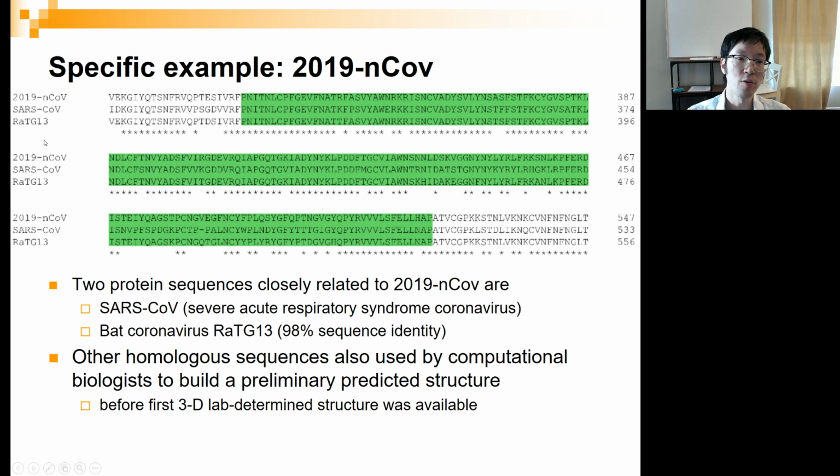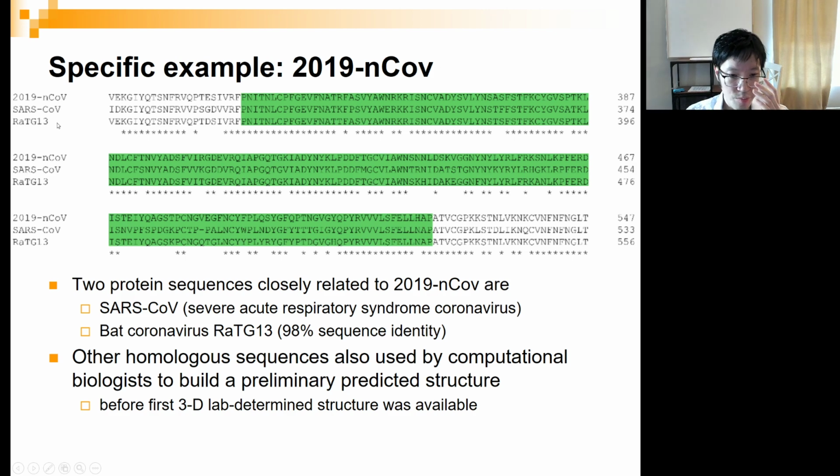It's a bat coronavirus, called RaTG13. Of course, we know the SARS virus did sicken humans, but the bottom one was a bat virus, and so we do know that it's a related family of proteins.